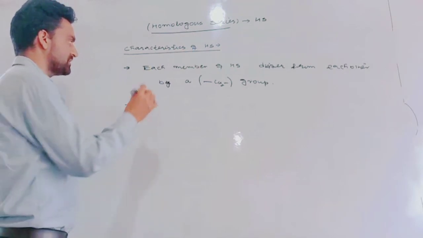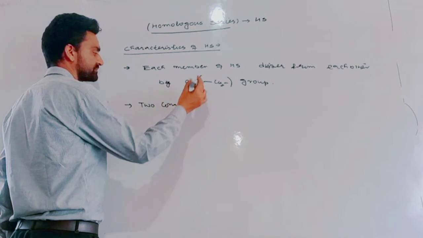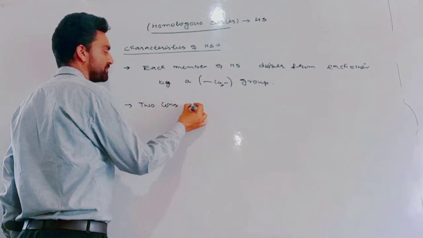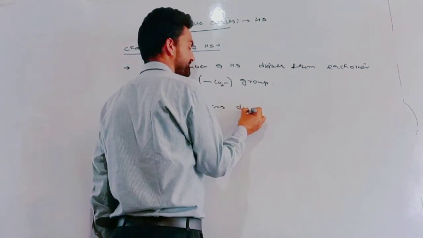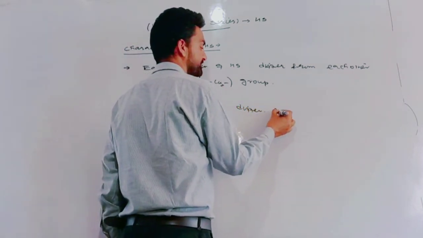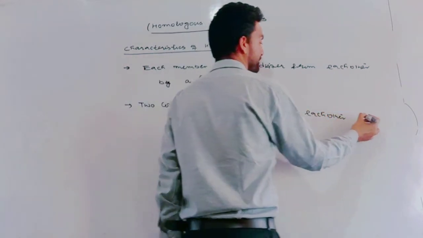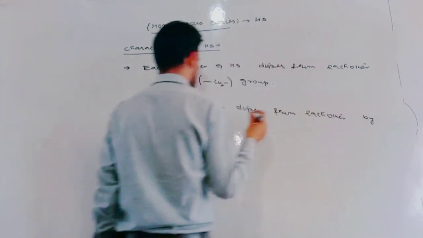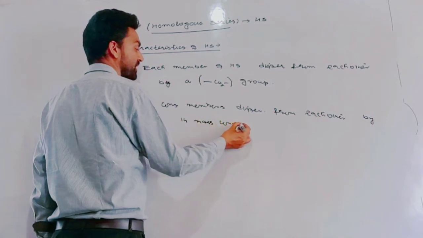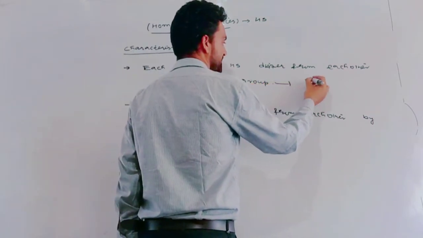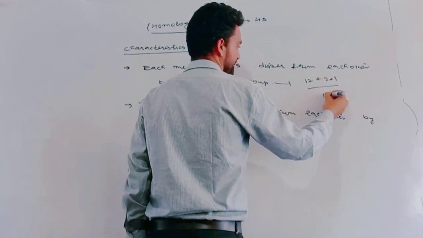Two consecutive members differ from each other by 14 mass units. Why 14 mass unit? Because carbon has atomic mass 12, hydrogen 1, 2 into 1, 14. It's 14. Okay?